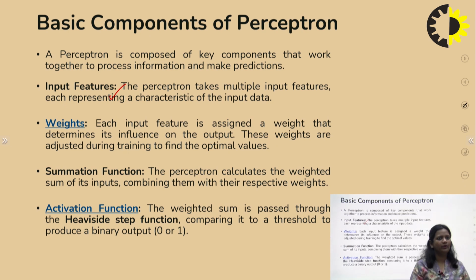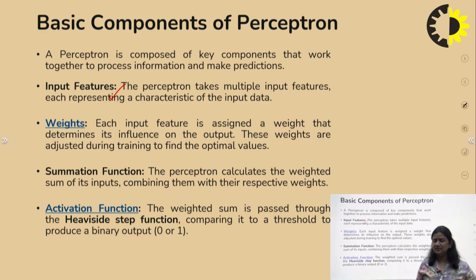The perceptron takes multiple input features, each representing a characteristic of the input data. In the input features, we have a number of nodes that represent the characteristics of that input data.